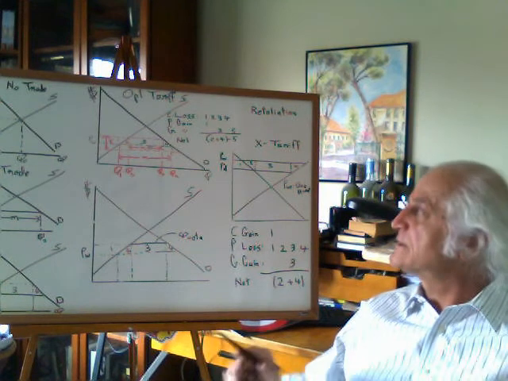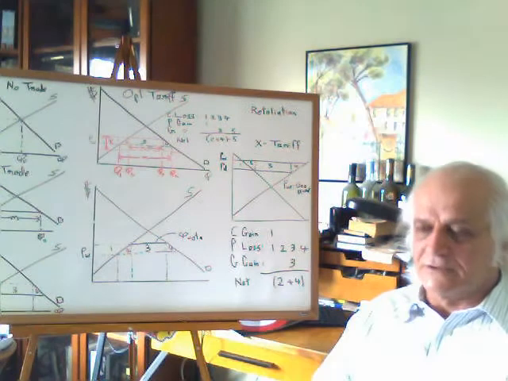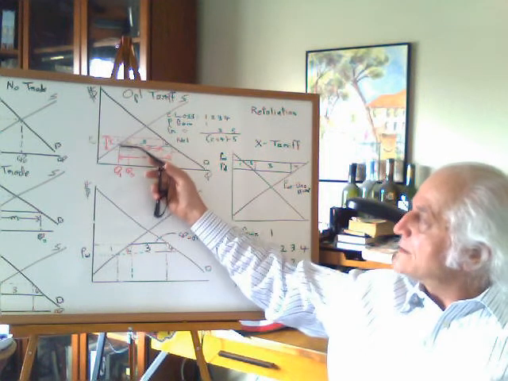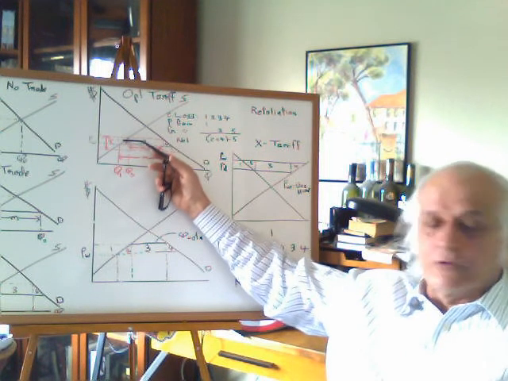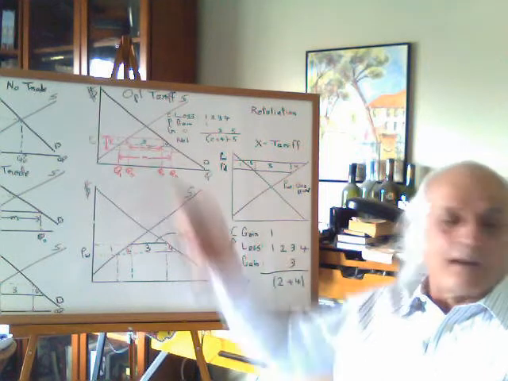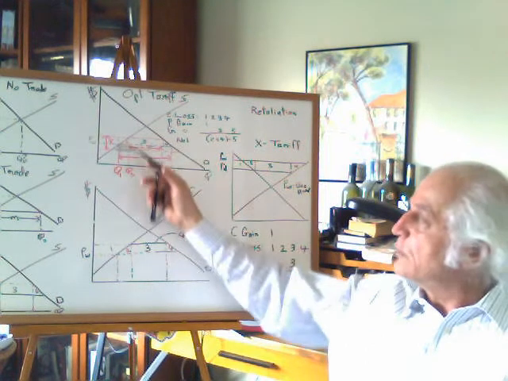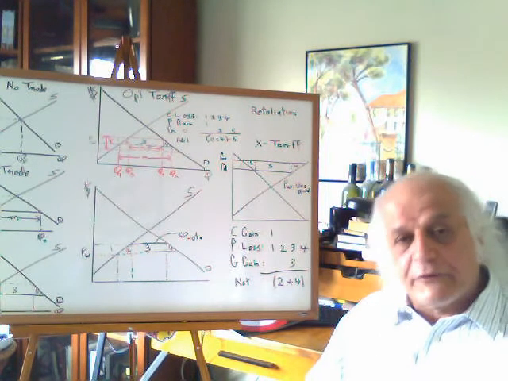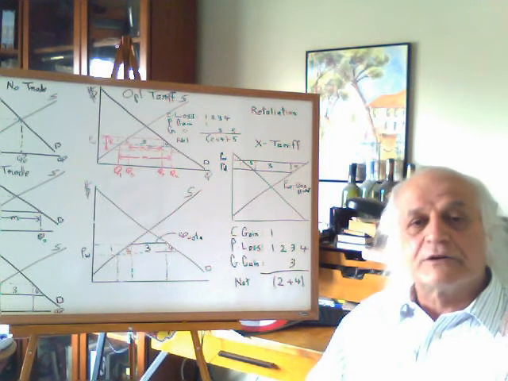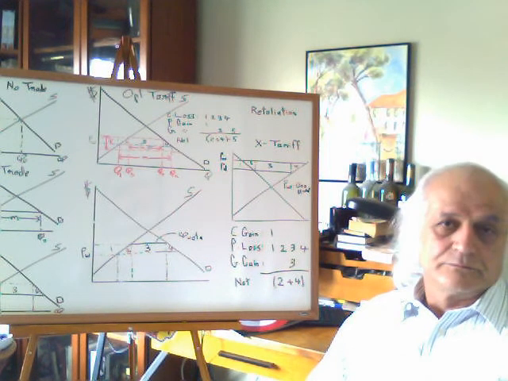Let's assume, just to make it simple, since that's the way that I constructed it, that more or less half of the tariff is going to be eaten up by the company. That's to say, the world price will increase not by 4 in this case, but will increase only by 2.